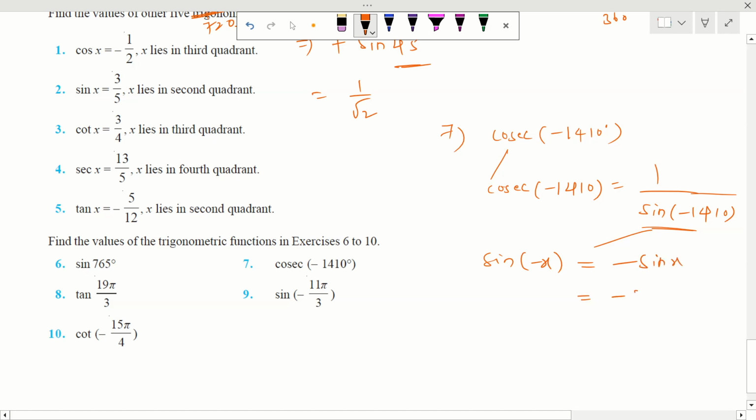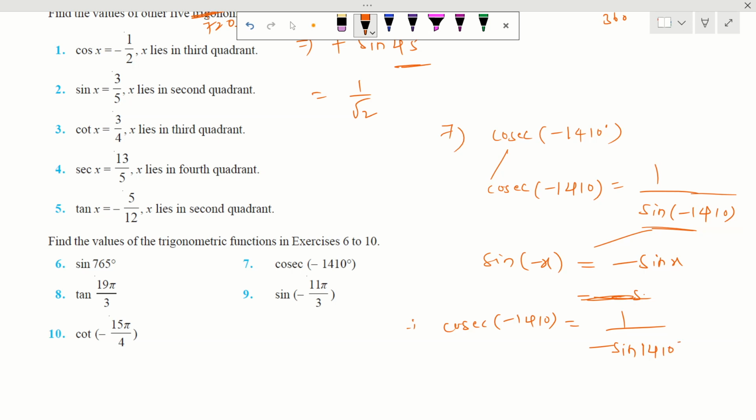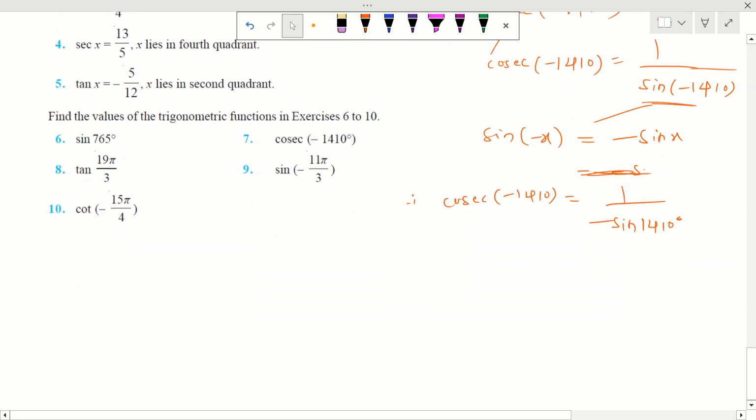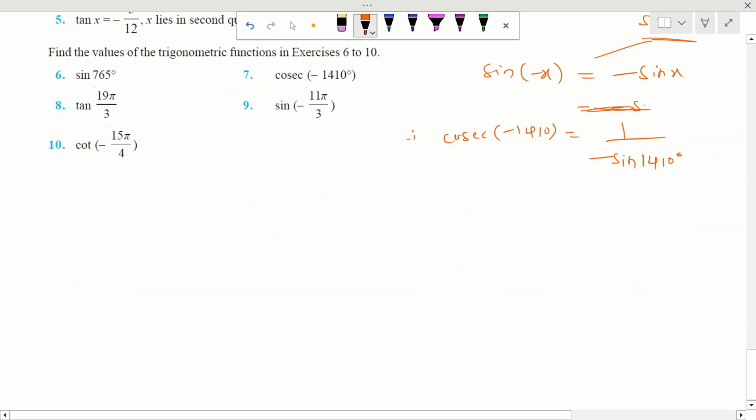Therefore we can write cosecant of minus 1410 as minus of 1 by sine 1410 degrees. Keep this value here; we need to find sine 1410. Call it equation number 1.